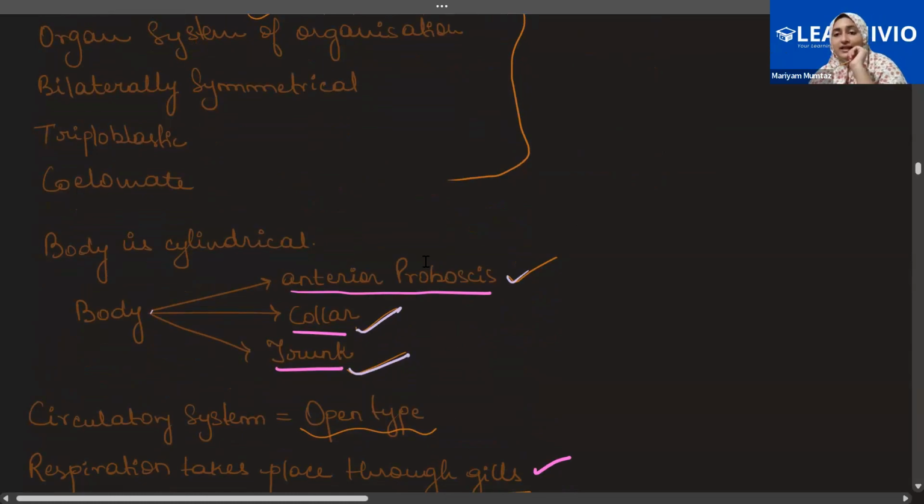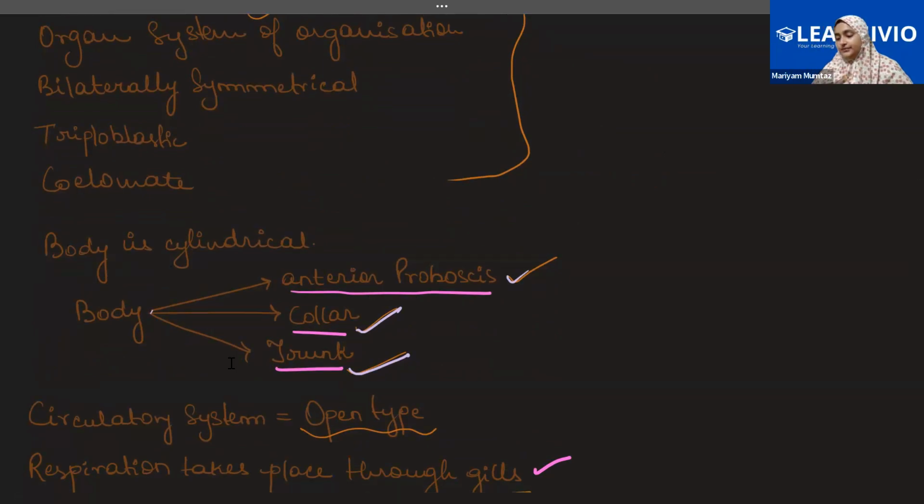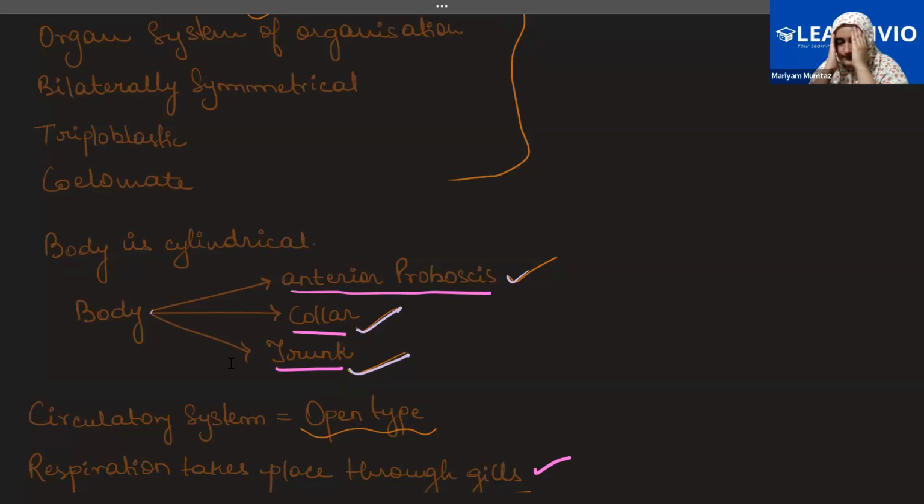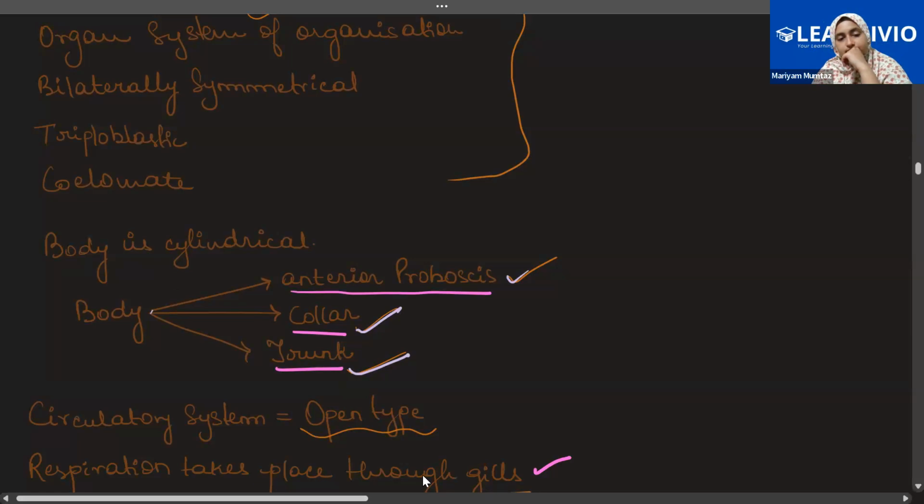Now if they are worm-like, their body will be cylindrical in shape. The body is divisible into anterior proboscis, collar and trunk. Now everyone open your NCERT books. You will see the picture of balanoglossus after the echinoderm.